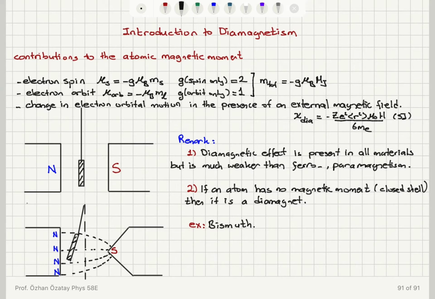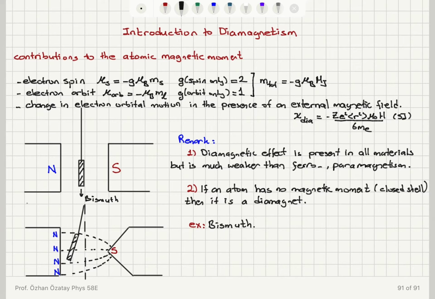So this is a bismuth rod. So when I put it inside this electromagnet, normally what would you expect? You would see that the north pole would be attracting the south poles.